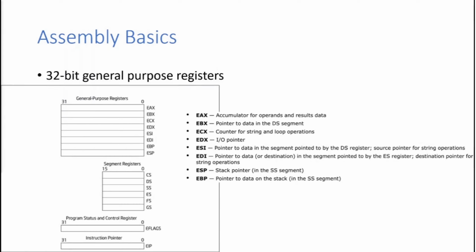The x86 architecture has 8 general purpose registers, 6 segment registers, 1 flag register, and an instruction pointer.